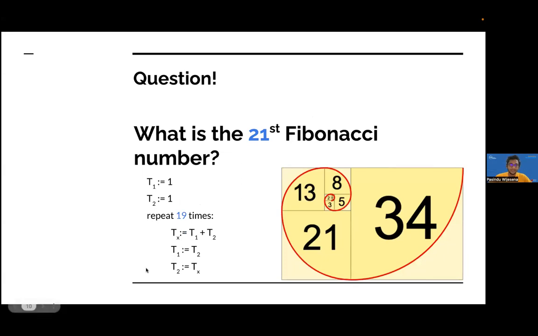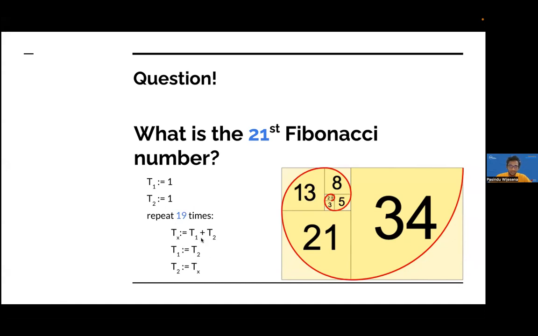If we try to write this in some sort of pseudocode, we can write it like this. We are going to start with T1 and T2 variables. We are going to set them to 1. And then we are going to repeat this operation 19 times. At each iteration, we have some variable Tx that is going to hold the sum of T1 and T2. And then we shift.